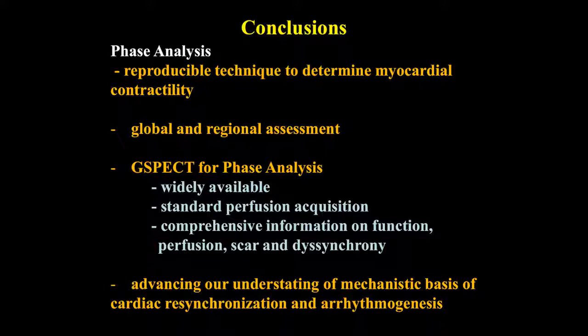It gives you comprehensive information on function, perfusion, scar, global dysynchrony, and site of latest activation, whether the site of latest activation is in the scar. It's advancing our understanding of the mechanistic basis of CRT and arrhythmogenesis, and may help us in prediction of ischemia as well. Thank you.